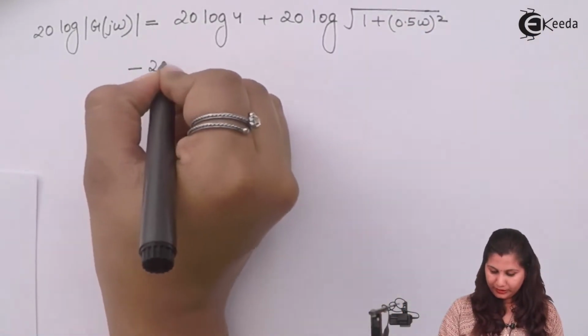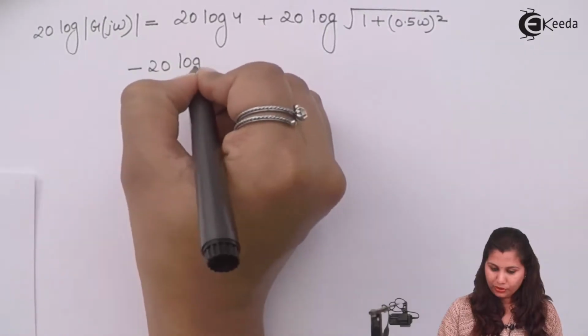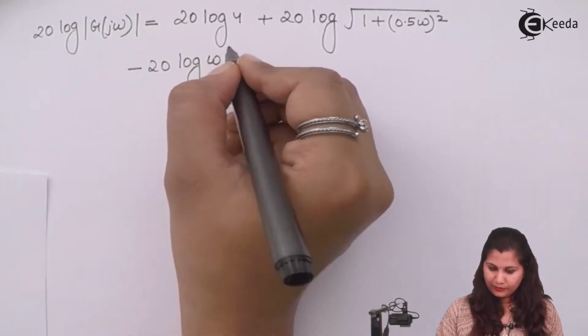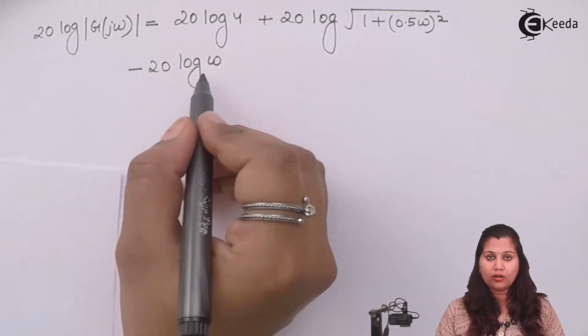Then minus 20 log of the magnitude of jω.